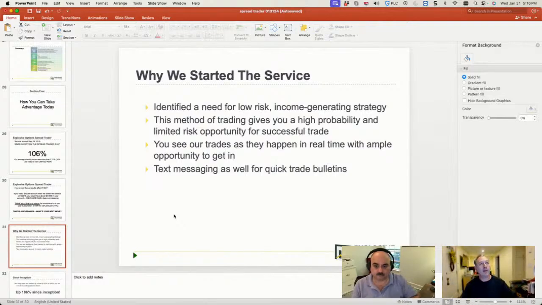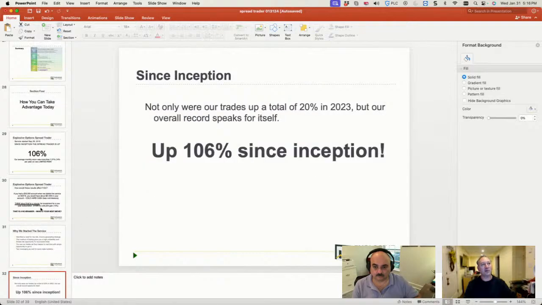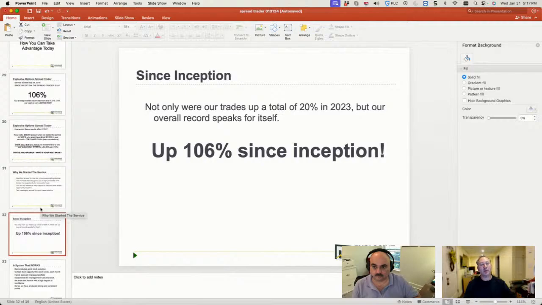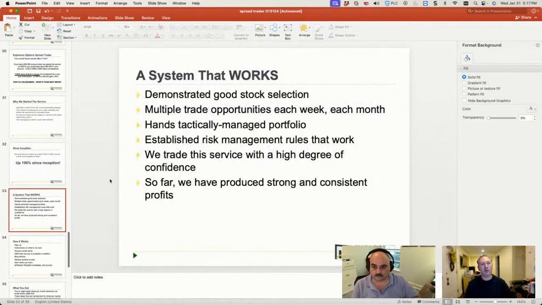So in this service, you see our trades as they happen in real time. You'll have ample opportunity to get in and to get out. We have text messaging as well. And again, up 106% since inception. And not only were our trades up 20% in 2023, but for a very, very low level of risk, right?